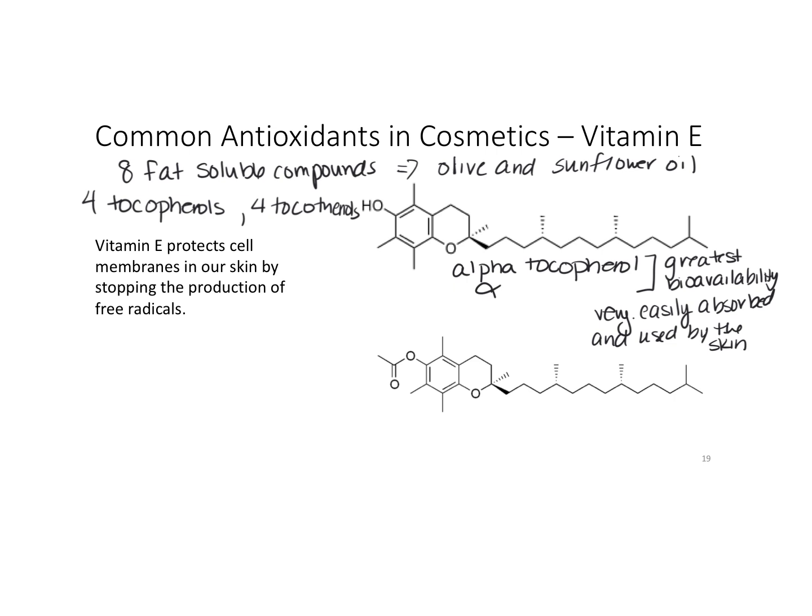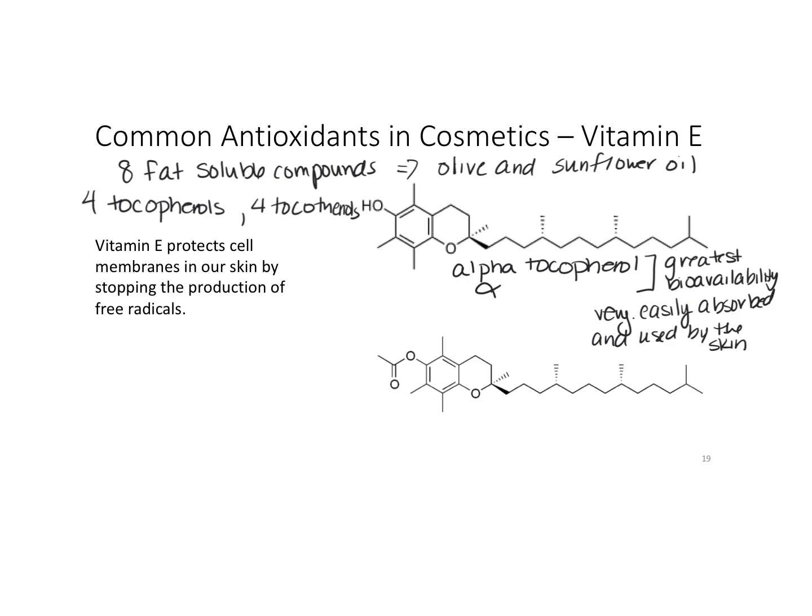Now the way vitamin E works is it protects the cell membranes in our skin by stopping the production of those free radicals. And those free radicals, of course, attack and break down our cell membranes, resulting in aging of the skin.